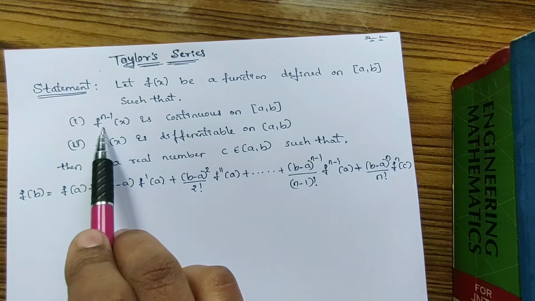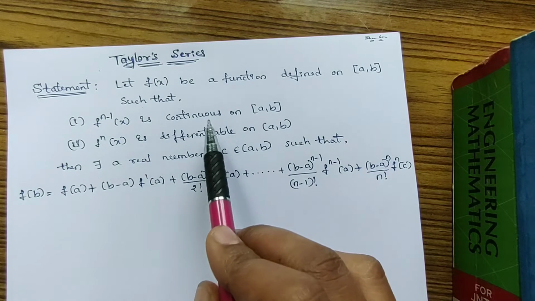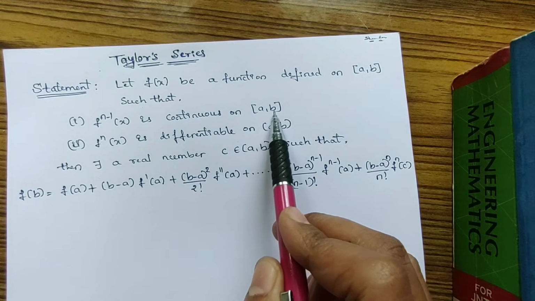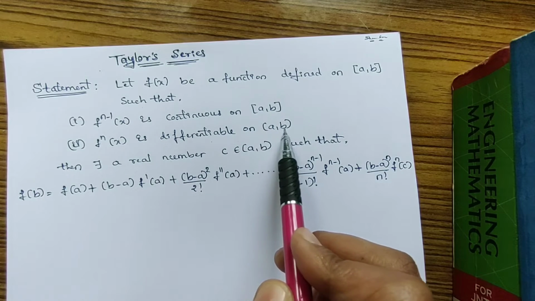The first condition is that f^(n-1) of x is continuous on the closed interval [a, b], and the function is differentiable on the open interval (a, b).